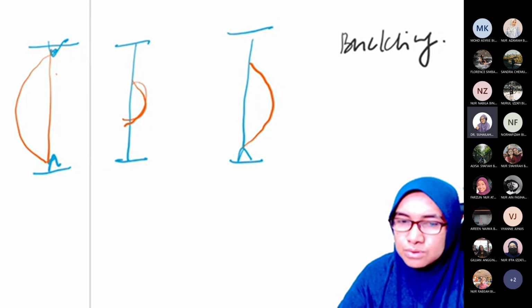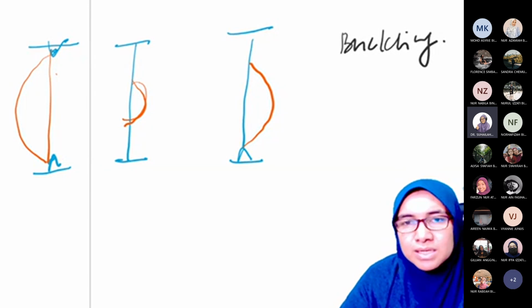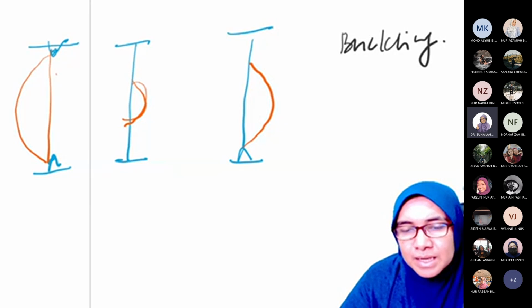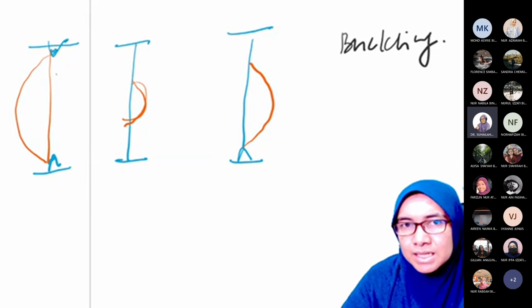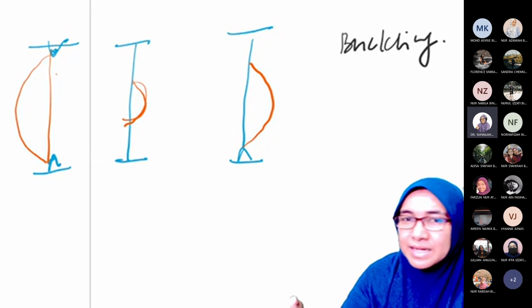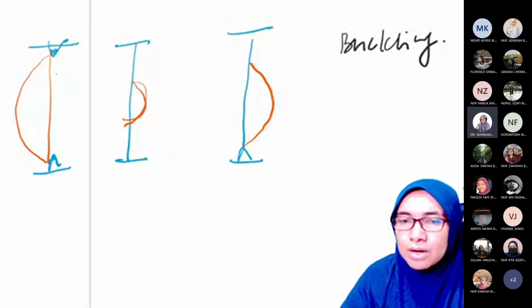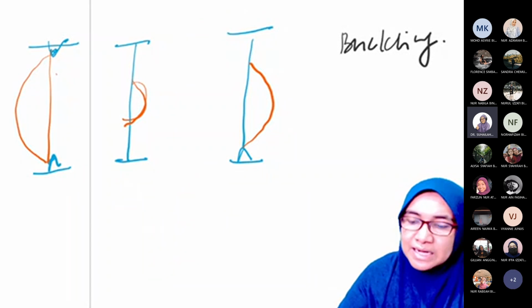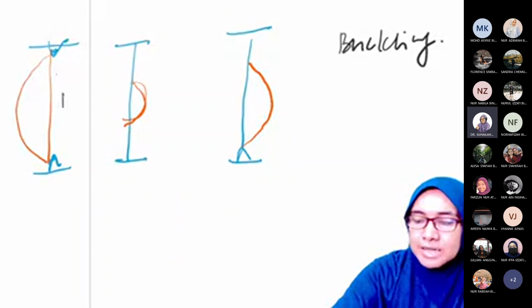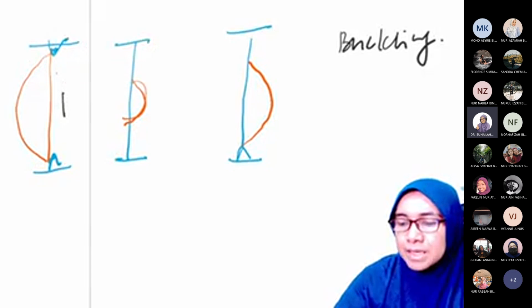beam also. Okay, so dia punya behavior tu maksudnya effective length means deflection dia tu, deflection distance tu between support. Kalau dia pin, kalau dia roller, effective length dia satu lah, satu LE.